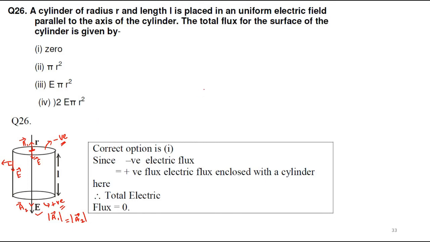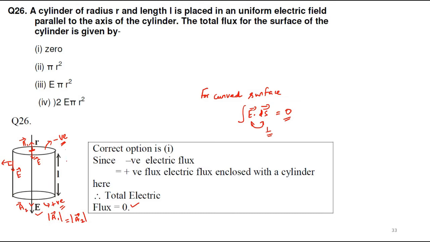For the curved surface, the integral of E dot ds is 0 because E and ds are perpendicular at all points on the curved surface. For the flat surfaces, top and bottom, they are equal in magnitude but opposite in sign. Therefore the net electric flux associated with the cylinder is 0.